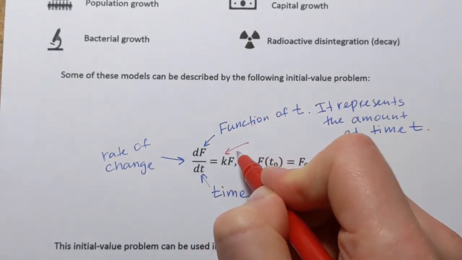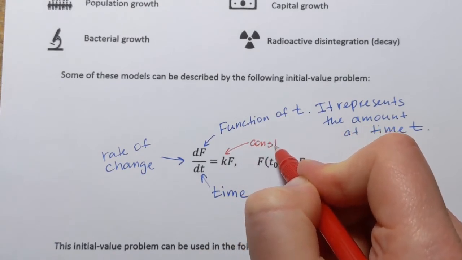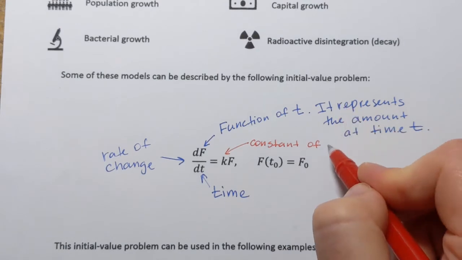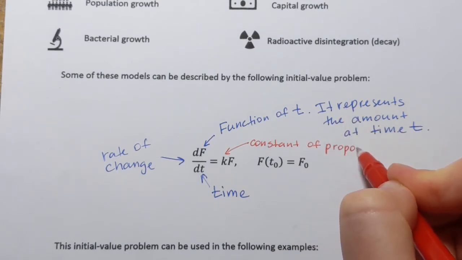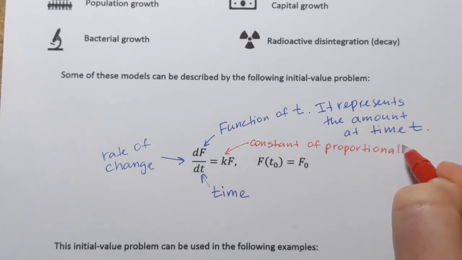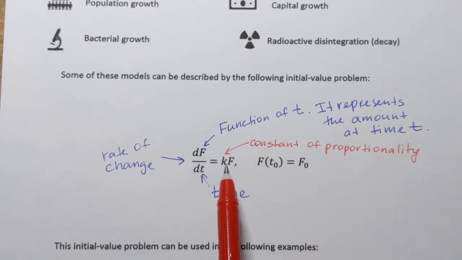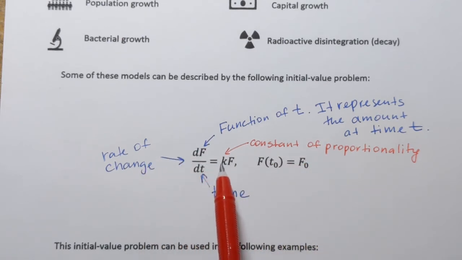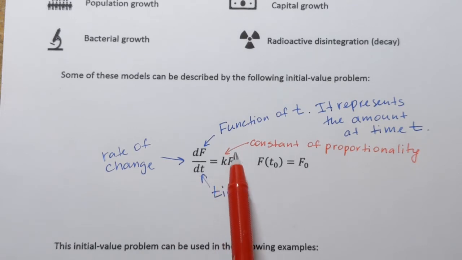That is the constant of proportionality. Okay, so constant of proportionality, it means that the left-hand side, which is rate of change, is proportional to what? Well, it's proportional to this function.